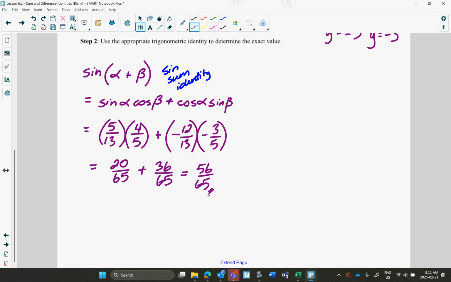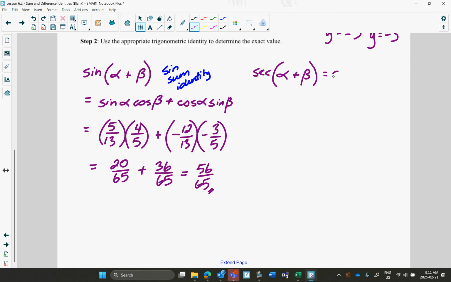The second one we're asked to do is sec alpha plus beta. Well, we don't have an identity for sec. But remember, when we found the sec of angles before, didn't we do the cos and then remember to flip? Same thing.